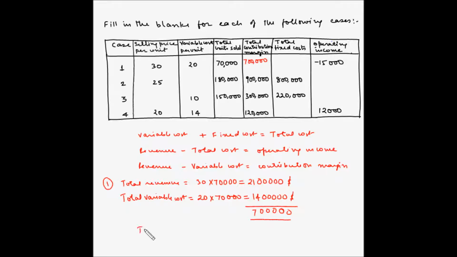So the total cost is equal to revenue plus the operating income.